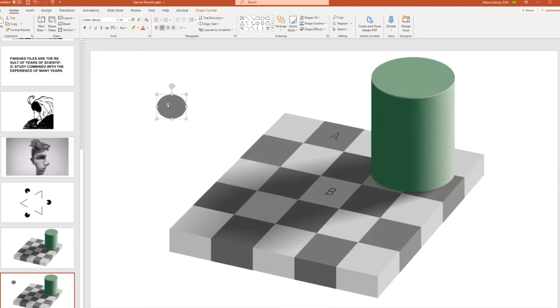So what's going on is that the green cylinder is creating a shade. Now, of course, this is a two-dimensional picture. This is not even a photograph. But because there is a shade there, our brain must distinguish it. It processes the color differently. So our brain makes those two colors be different because of the perception that there is a shade.